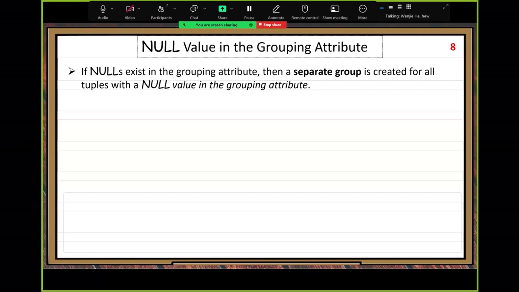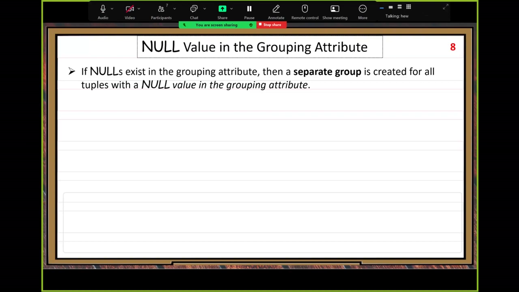We know we use attribute values to define groups. Each attribute value defines one group. But when you use values, you may have multiple rows with the null value for that attribute.